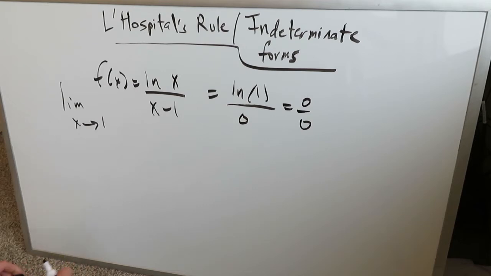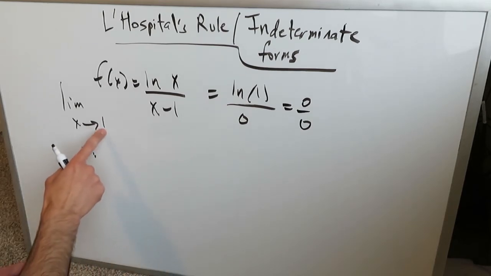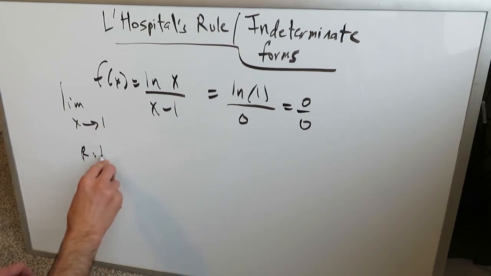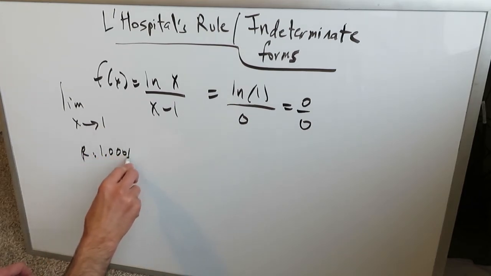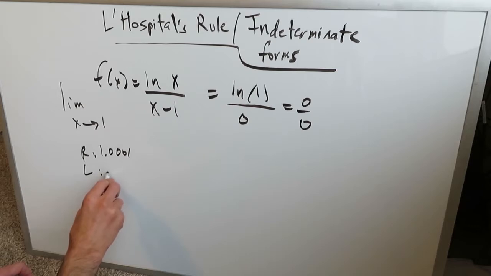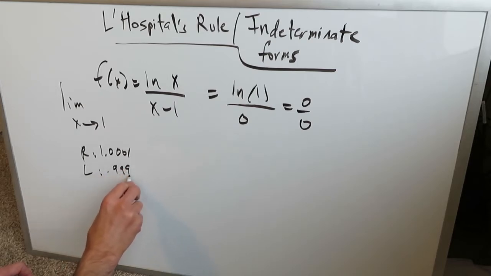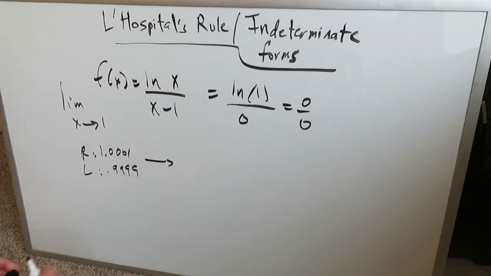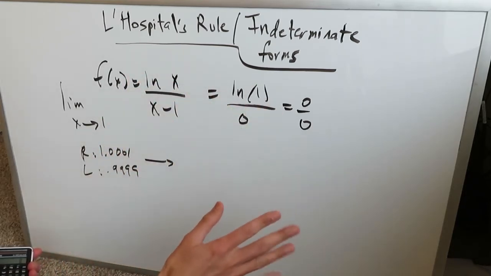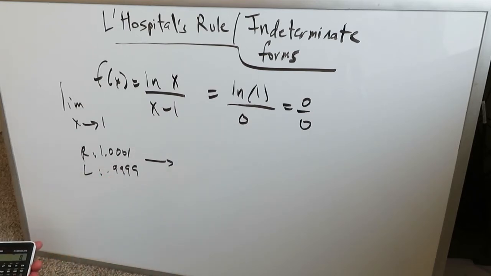You could technically do right and left-sided limits to get to a good value. From the right side, you could come up with an approximated value of 1.001. From the left side, you could probably use 0.9999. And if you were to use any of these values, very quickly for the nature of this video and how we're going to be talking about complex issues, let's just run through this using the right side.